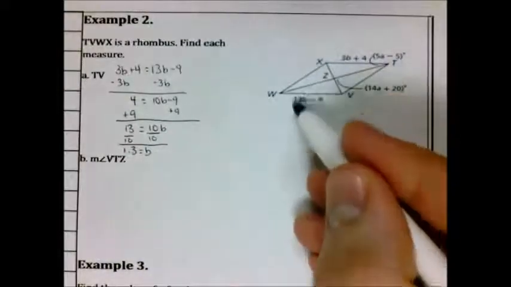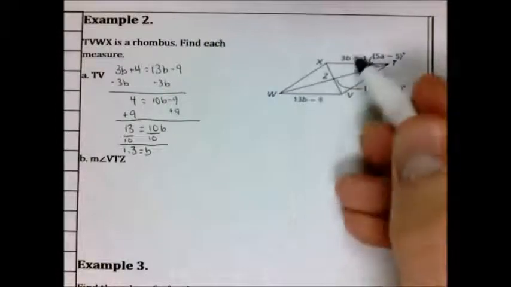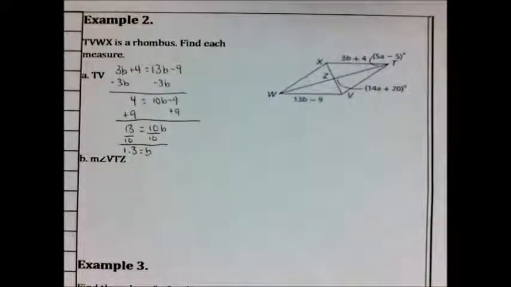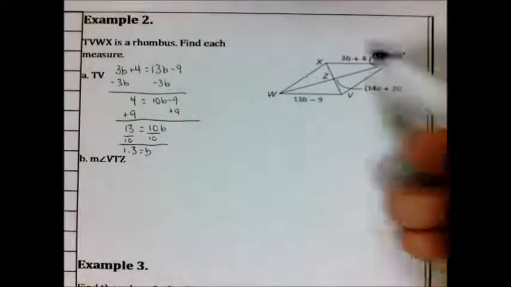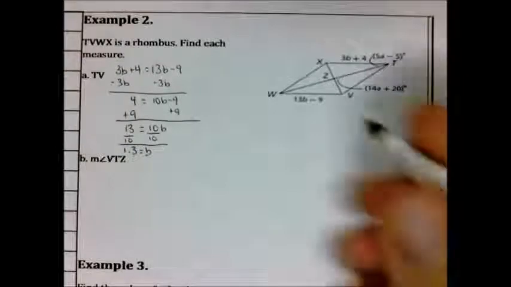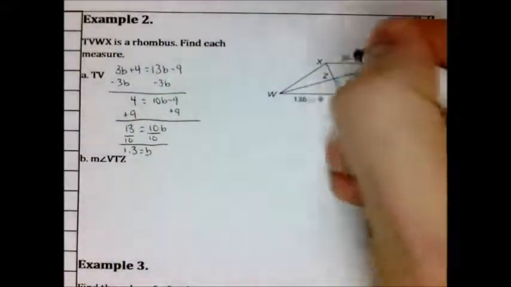So if b is 1.3, we can plug 1.3 back into either one of these equations and figure out what those lines are actually equal to. And once we find out what those are equal to, we already know what VT will be then, because every single one of those sides is congruent, right? So I'm going to use the formula 3b plus 4.